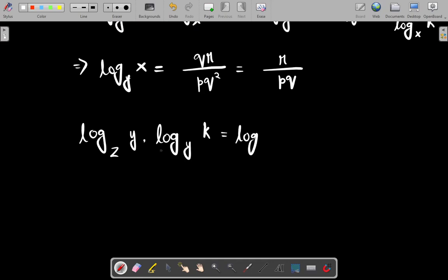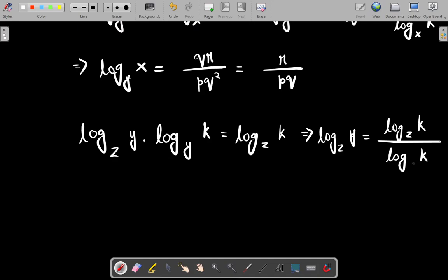Okay, this y and this y will get cancelled and we are left with log k base z, right? So in isolation of this first term, log y base z will be equal to log k base z upon log k base y, right?